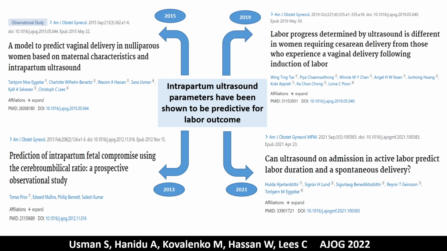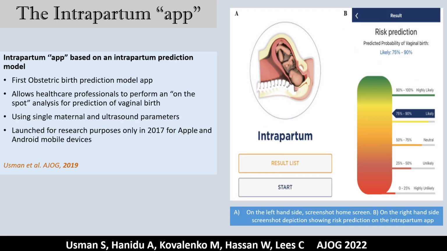Recently, in 2021, a secondary analysis of a prospective cohort study of intrapartum ultrasound was conducted in Iceland with 99 nulliparous women at term through the active phase of labor. In this analysis, angle of progression and head perineum distance were the variables most associated with operative deliveries. The intrapartum application based on the prediction model was published in 2015.